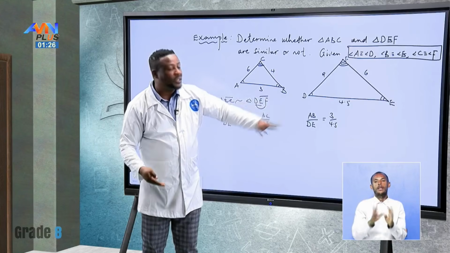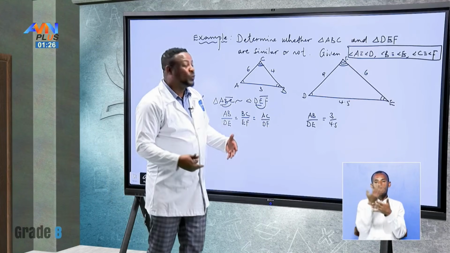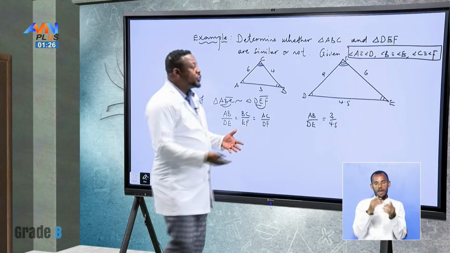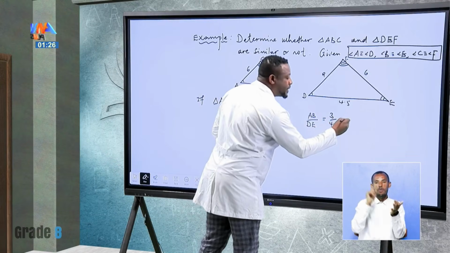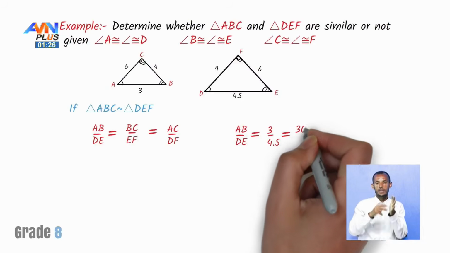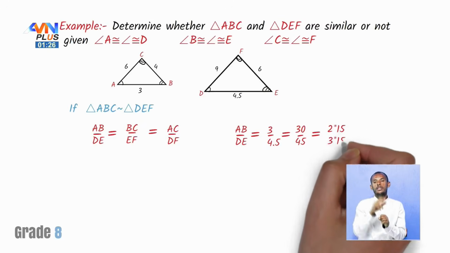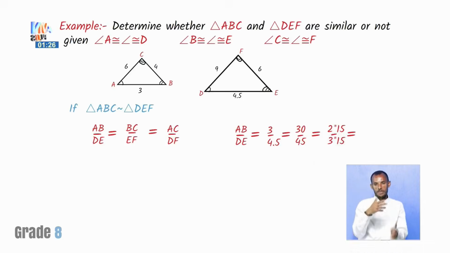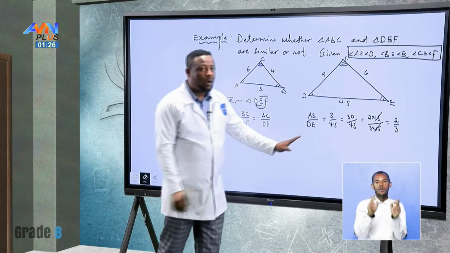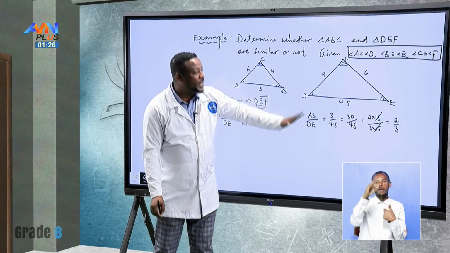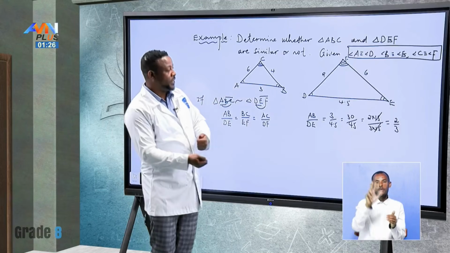So let us rewrite this in a more simplified form so that we can easily compare the ratios. 3 over 4.5 is the same as 30 over 45, right? You can write 30 as a product of 2 times 15, and 45 as a product of 3 times 15. So this simplifies to 2 over 3. Now we have AB over DE is 2 over 3.